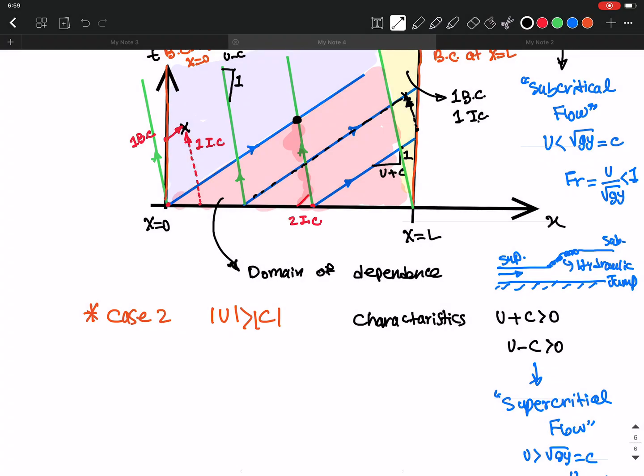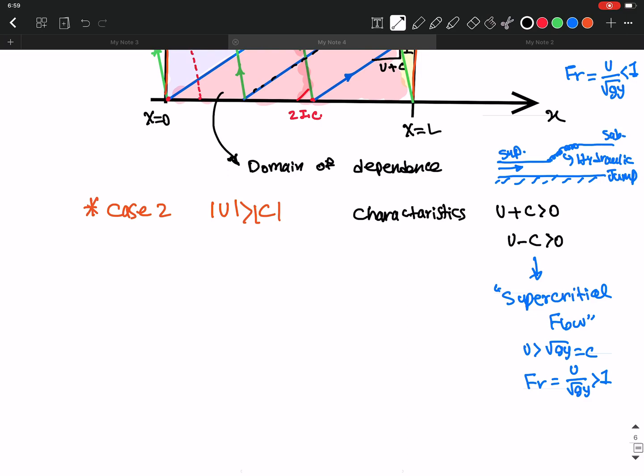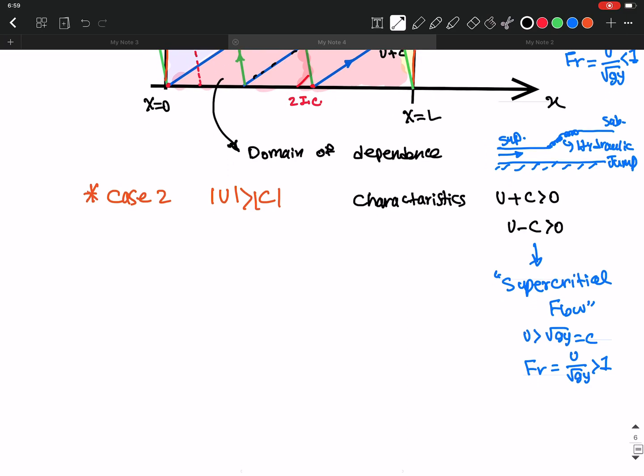So let's look at the second condition where our characteristics are now both positive, unlike the other one in which one of them was negative. Let's see what the solution looks like here and what the difference is.